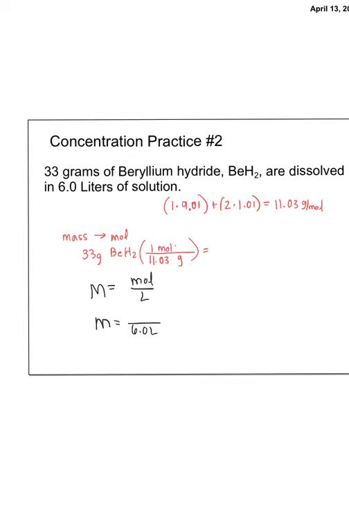So we take 33 divided by that answer, so that grams cancels out, and I get 2.99 moles. We take that many moles divided by 6.0 liters, and my molarity is equal to 0.498, and we'll round that to 0.50 moles per liter.